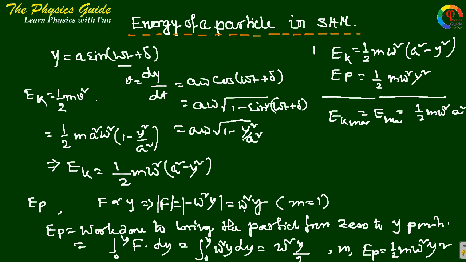So we know that when Ep is maximum, that is y equals a, then Ek is minimum, and when Ek is maximum, that is y equals 0, then Ep is also minimum.